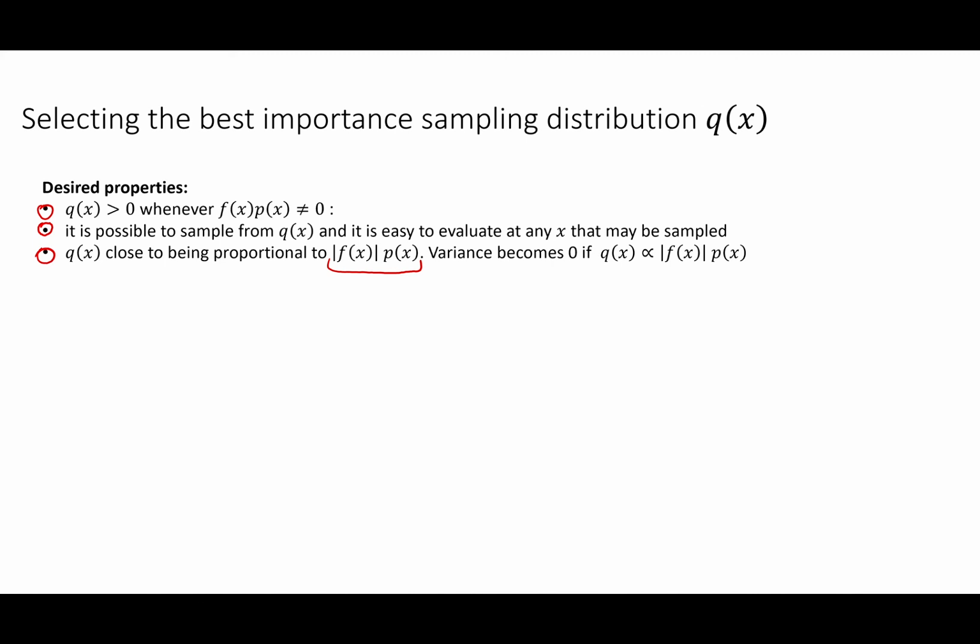And if Q is directly proportional to p, then the variance becomes 0. So it doesn't matter if I sample 1,000 times, or if I compute the integral once or a billion times, it will always give the same answer. This is exactly what you want, because this is what saves time.